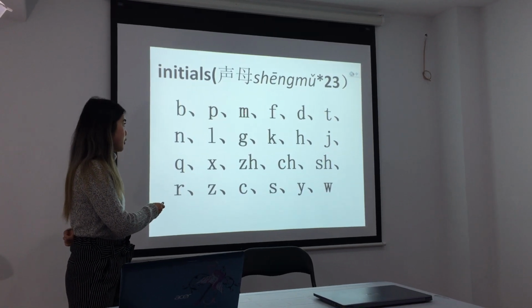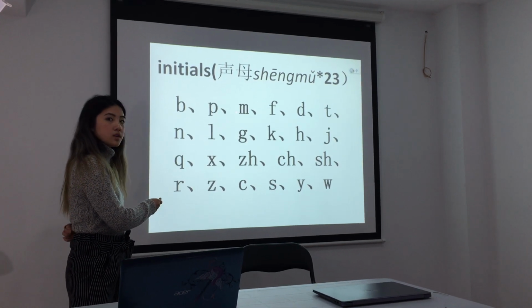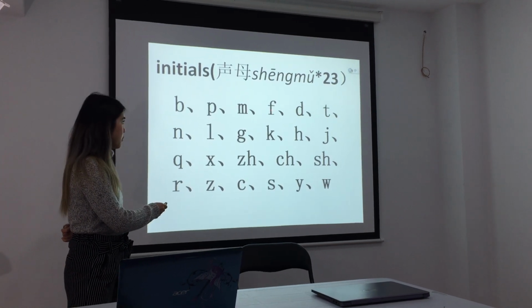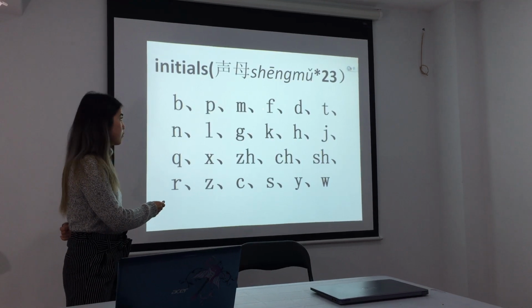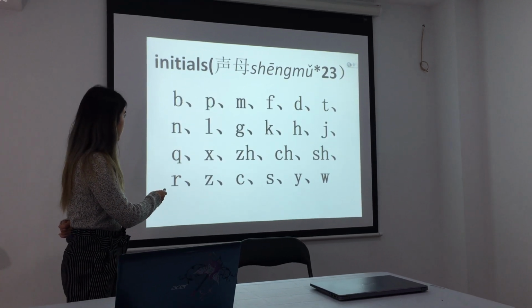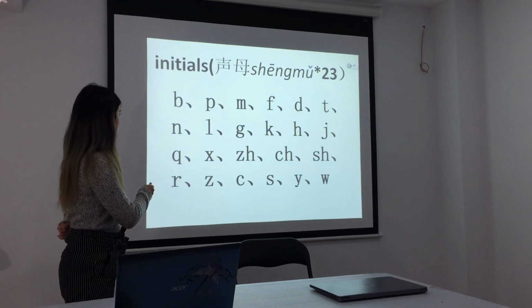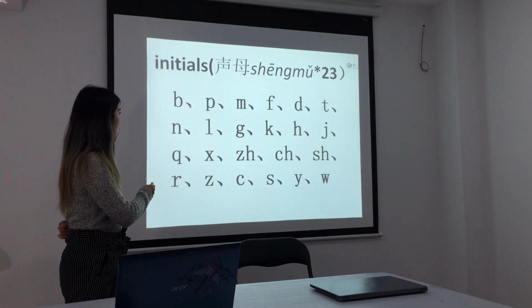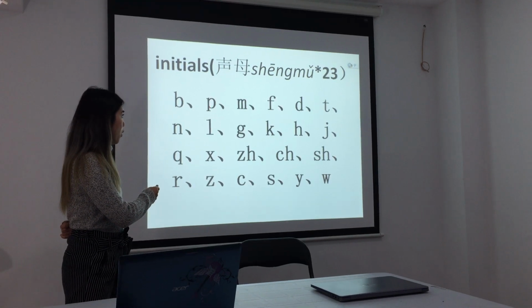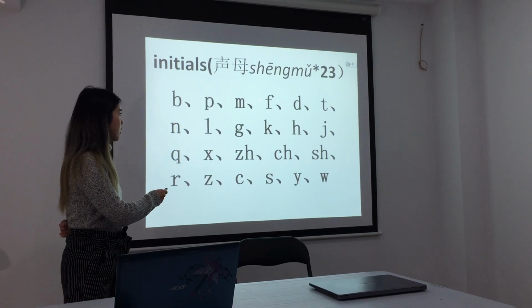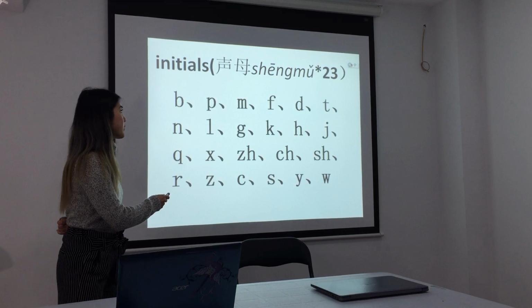The third one is mo. And the fourth one is fo. These 4 characters all end with wo. So as you can see, b, bo, p, po, m, mo, f, fo.